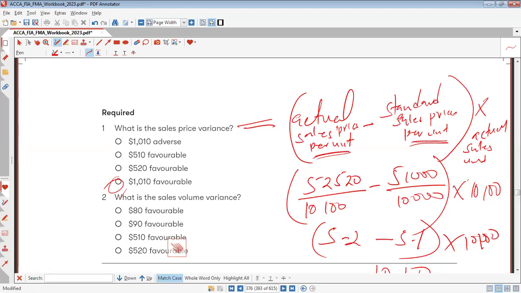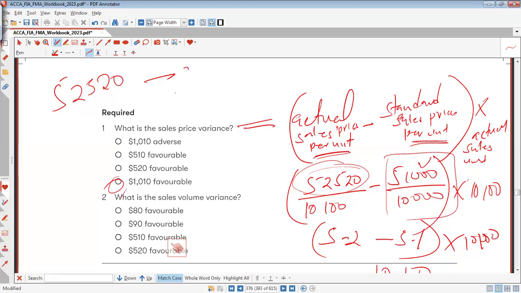Otherwise you can just use 52,520, then flex that by doing 5.1 times 10,100, and you also get the variance.